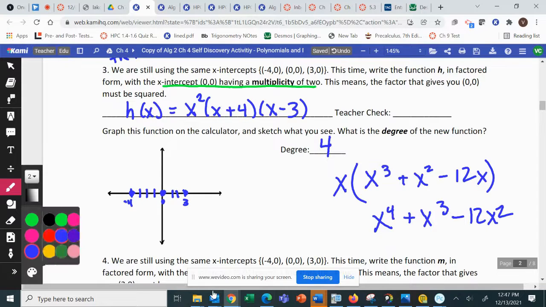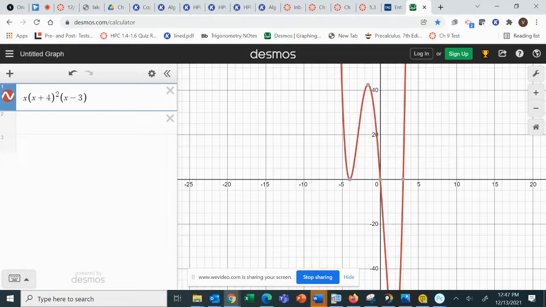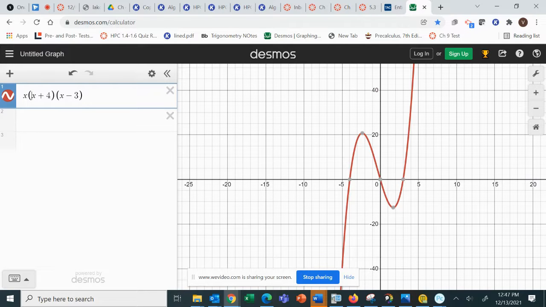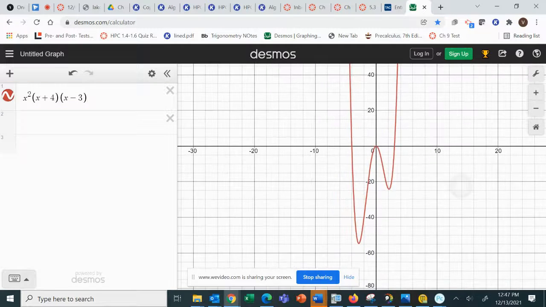So that's telling me we're going to have an up situation again. Then you're going to look on your graphing calculator, or I can look on my Desmos here. I'm moving that squared to be on the x. And now, what is happening at 0, 0? There's a bounce.